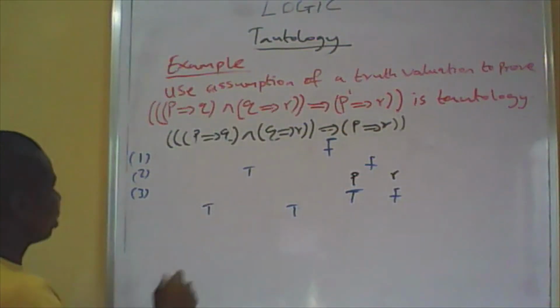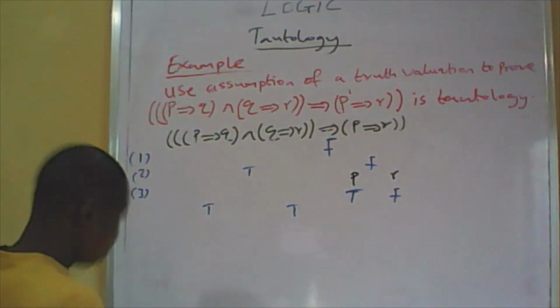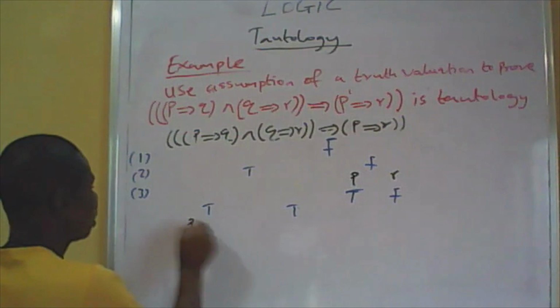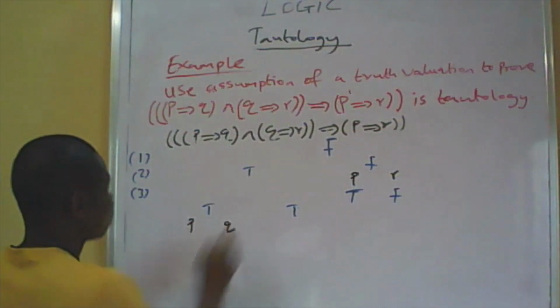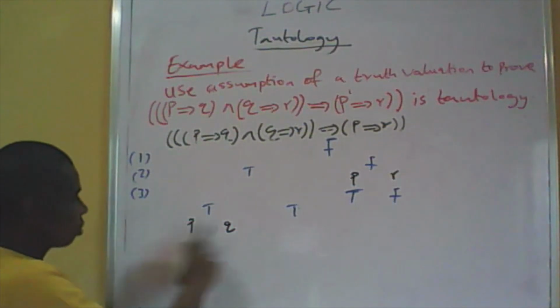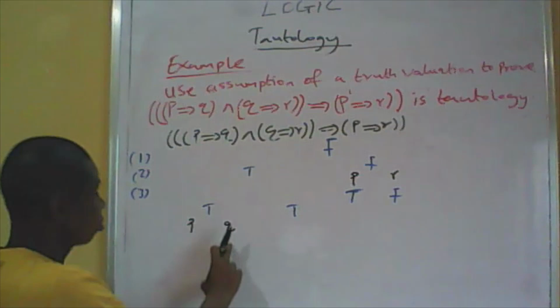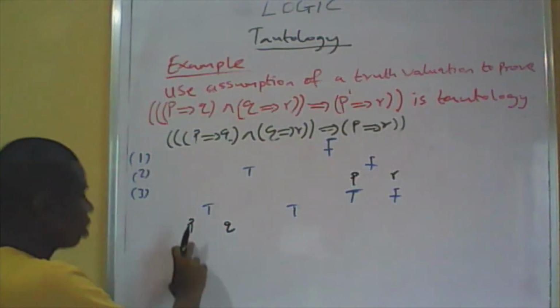So if this one is true, it means that P implies Q, that means Q must be true. Q must be true. So this one can be false, this one can be true.